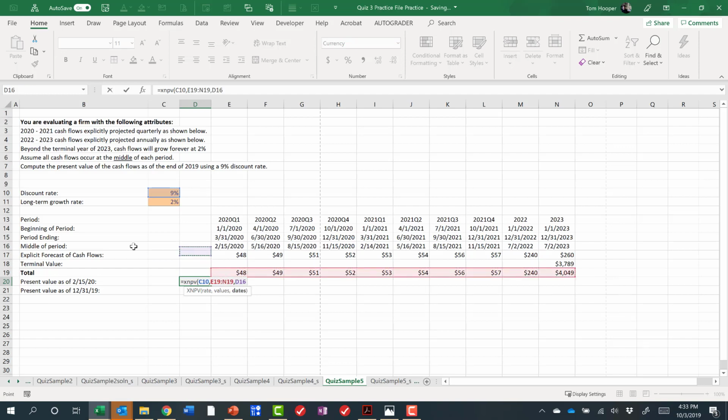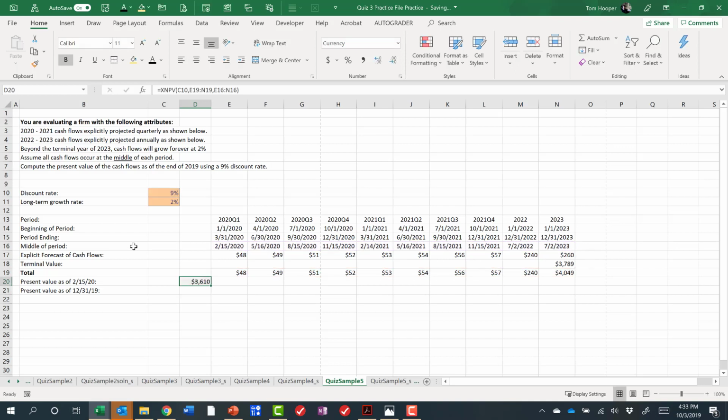using the dates at the middle of the period will actually give us an NPV at that first date, which is February the 15th. But we have a formula to convert that future value into a present value by dividing by 1 plus the discount rate to the power of the time between these two dates. And the time between these two dates we will take as this date minus this date.